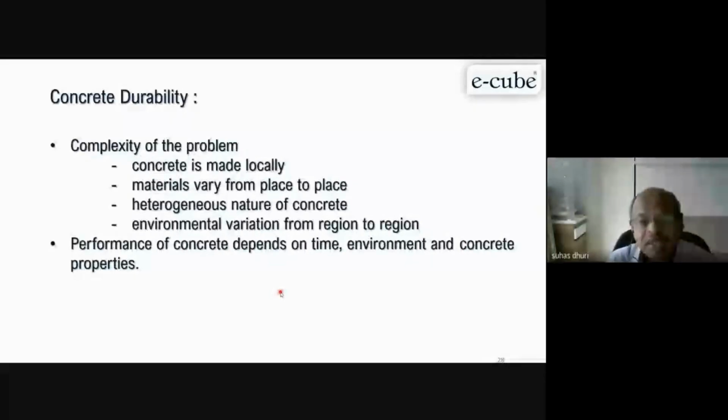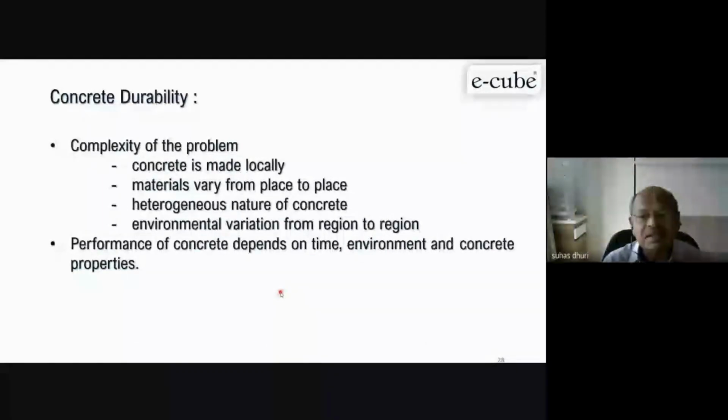So whenever you are deputed at a site, you study those areas, their environmental variations, and how they affect the structure. Accordingly, we can take a call. All these guidelines are given in the IS code. Performance of concrete depends on time, environment, and concrete properties. In our subsequent lectures, we are talking only about the concrete properties.